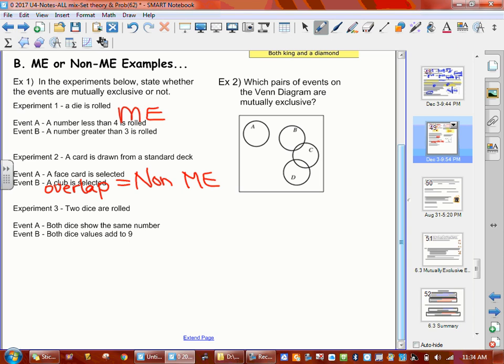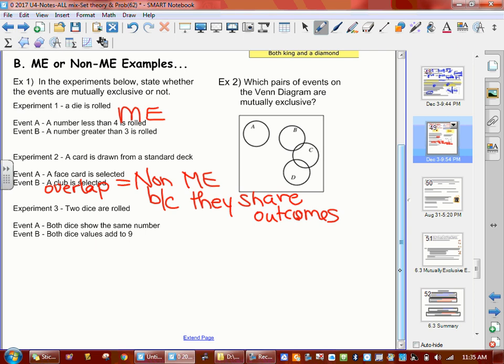Okay? It's non-mutually exclusive because they share elements, because they share outcomes. By sharing outcomes, I mean they have the same answers for outcomes, some of the same answers. So, meaning, are there face cards that are clubs? You bet there are. There's 3 of them.